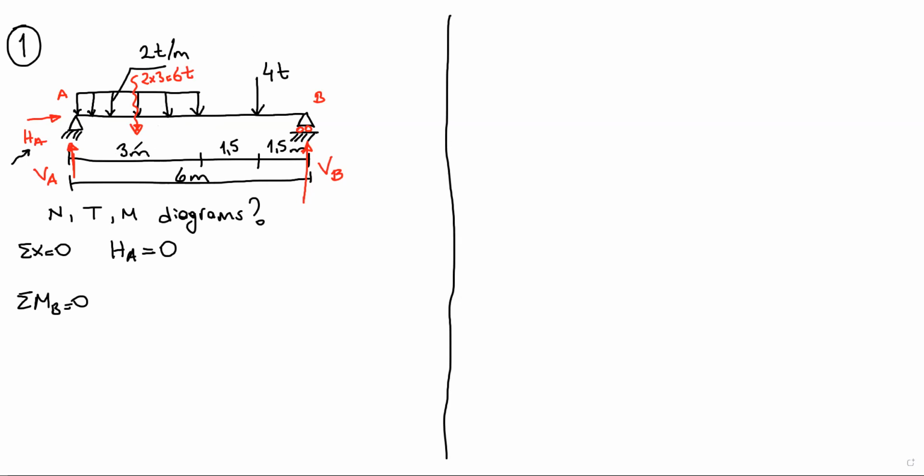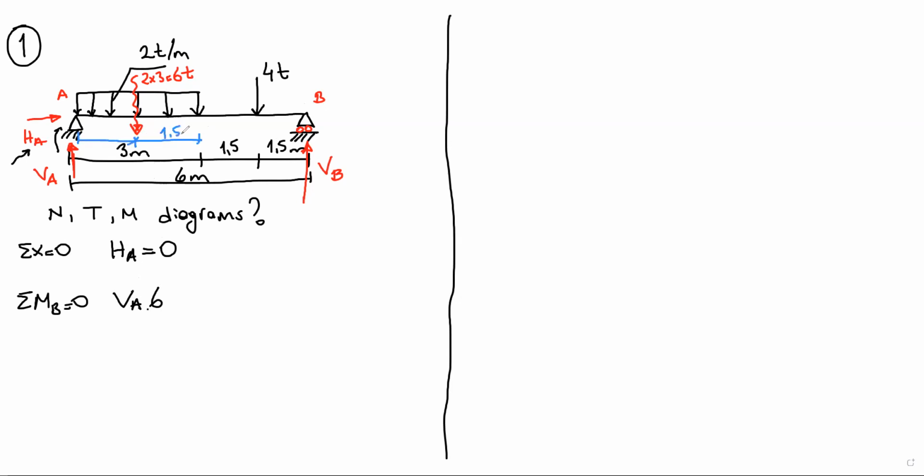6 tons. Now, let's calculate the moment on the point B, total MB. We have VA. VA rotates the system in this direction. VA times 6 meters. I assume that the VA is in positive direction. So it's positive. Okay, we have 6 times, by the way, this is the midpoint of the uniform distributed load.